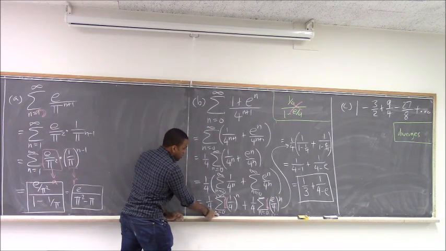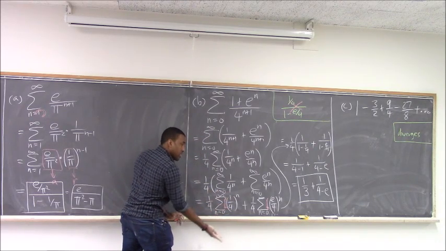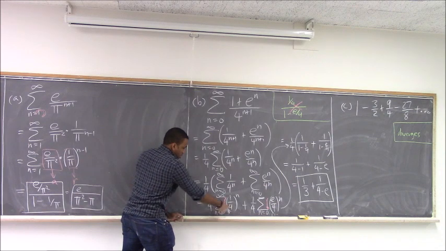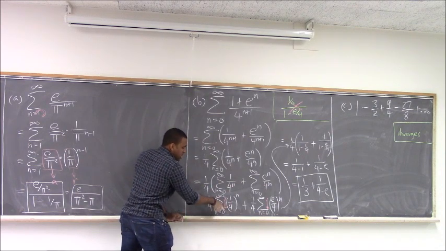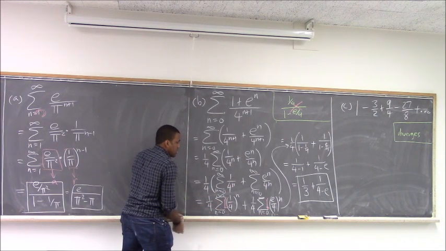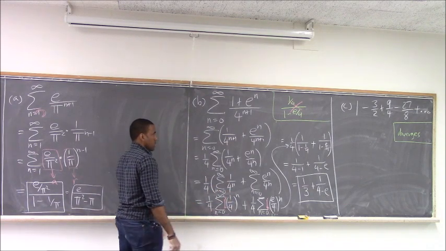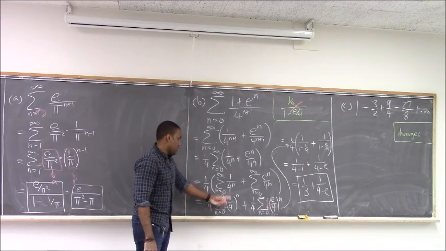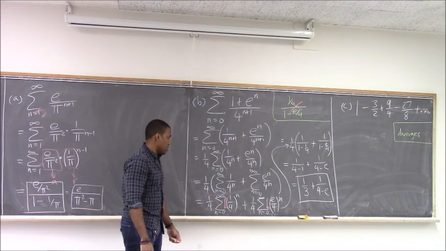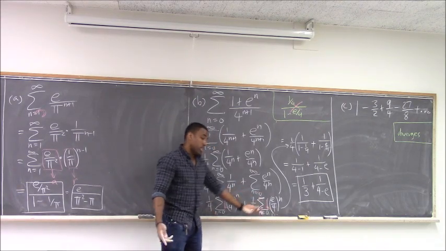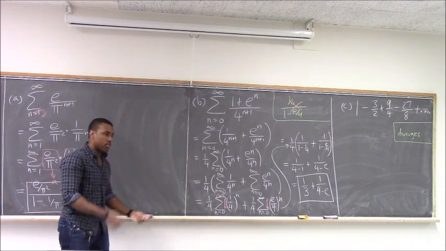It starts at 0, so it means you want something to the n, not to the n minus 1. So we just had a quarter to the n, so that means your a is actually just the 1 sitting beside it. So it's a over 1 minus r, that's what it converges to. Because my 1/4 is less than 1 in absolute value. Also, e over 4 is less than 1 in absolute value. e is 2.71828.